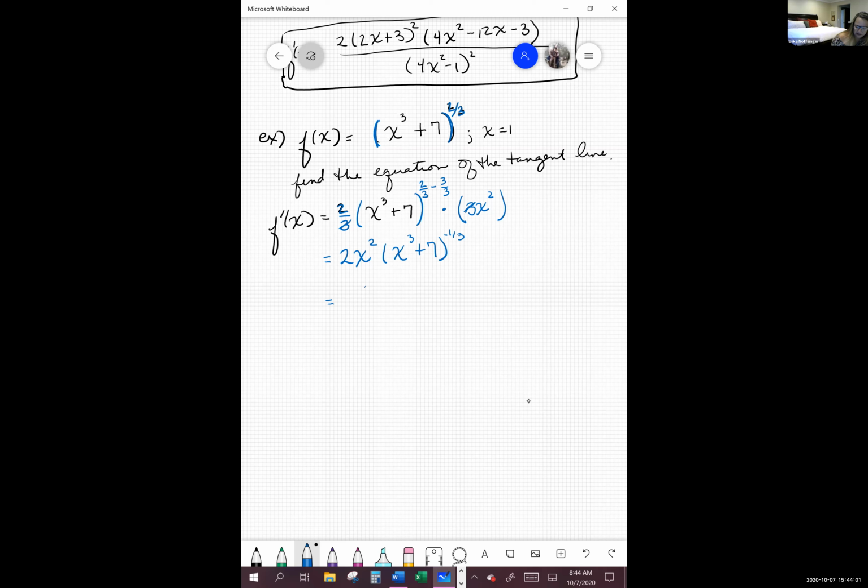Let's bring down the negative exponent to make it positive. So we have the 2x squared in the numerator all over (x cubed plus 7) to the positive 1/3 power. Might as well leave it that way. If this had a radical to start with, I might rewrite that as a radical.